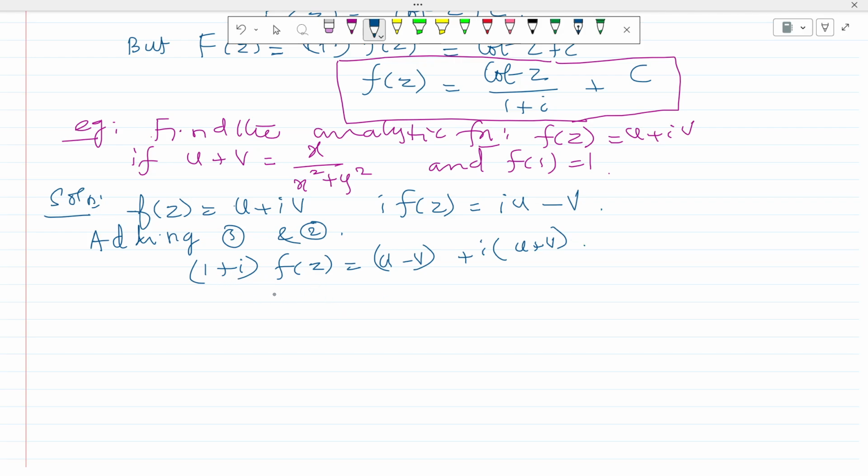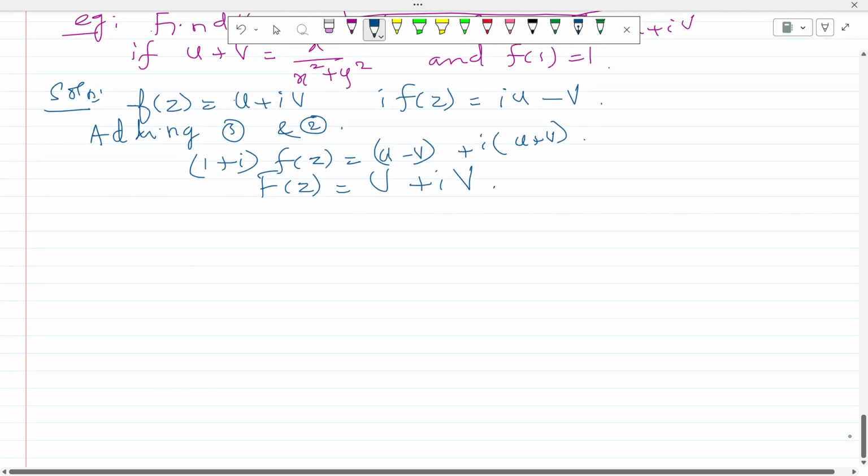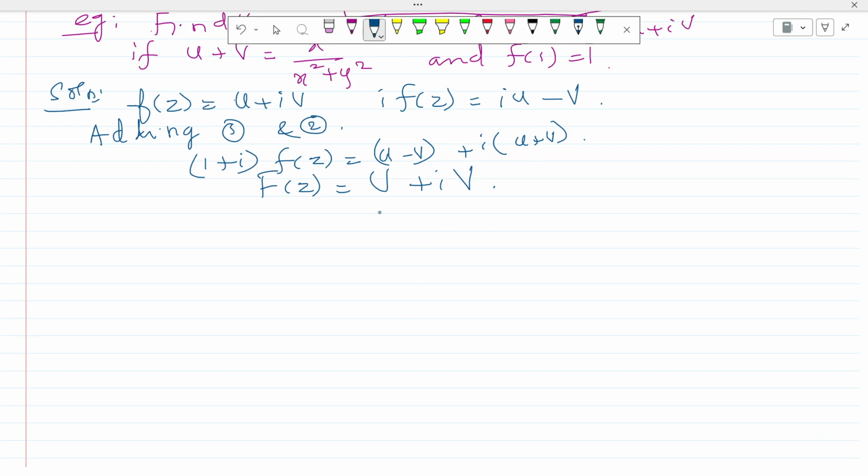Once again, take 1 plus i times capital F of z, equal to small f of z, equal to capital U plus i capital V. But what is given here? U plus V is given. But U plus V is the imaginary part of this capital F of z. So here U plus V, which is equal to capital V, equals x divided by x square plus y square. Now you can differentiate this with respect to x.